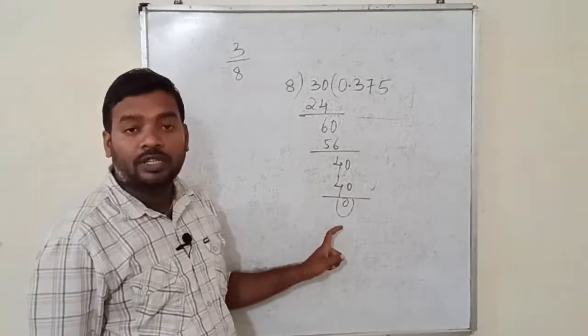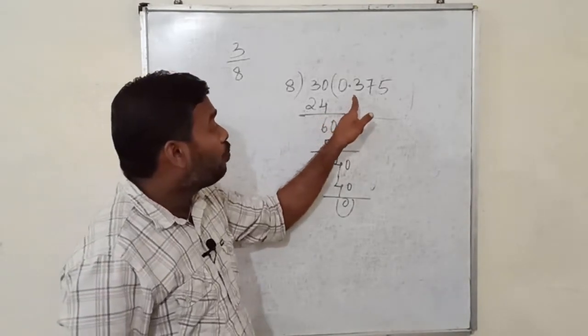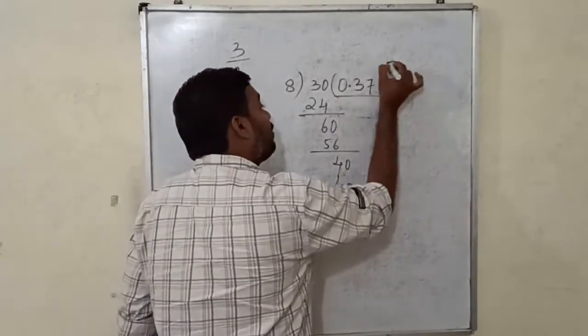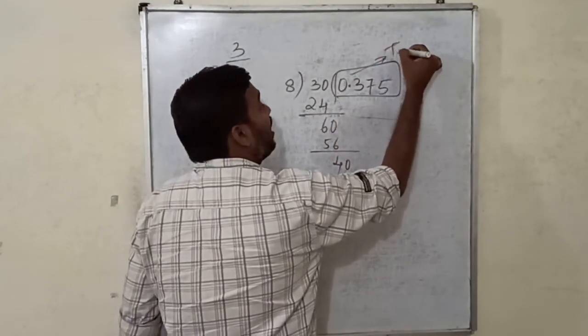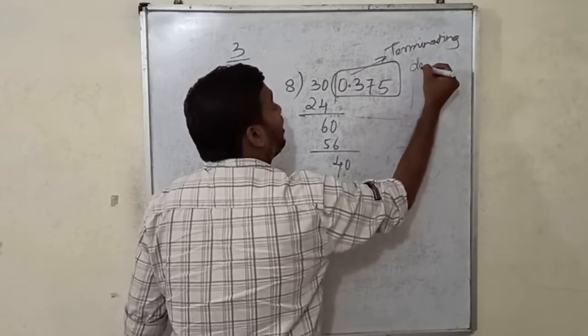Here we can't go further because the remainder is 0 and the decimal is 0.375. It is not going further, that means there is no continuation. So this is a terminating decimal. 3 by 8 is a terminating decimal.